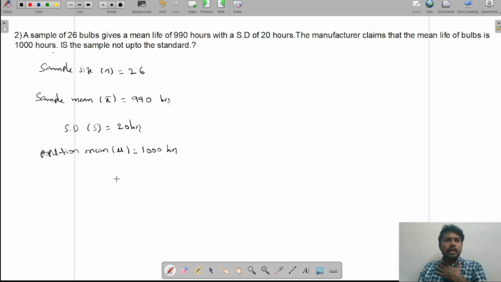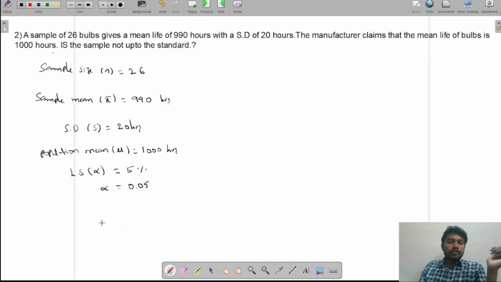Whatever data we require, all the values are given in the question, except one value, that is the level of significance alpha. I told you in the previous question, if the alpha value is not mentioned, then it is treated as 5 percent. 5 percent is nothing but 0.05, so this is the value of alpha.